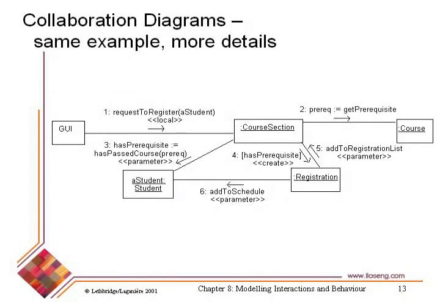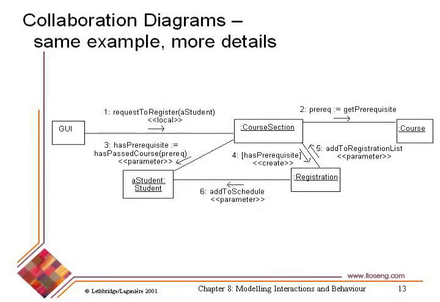The GUI has obtained the course section as a local variable of some method that ends up calling it. It's got a handle on the course section as a local variable. It's not an instance variable. It could be an instance variable too. You sometimes see that. The registration has obtained the course section as a parameter of the call, and so it's also obtained the student as a parameter.